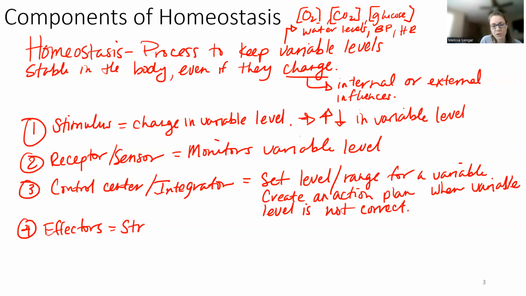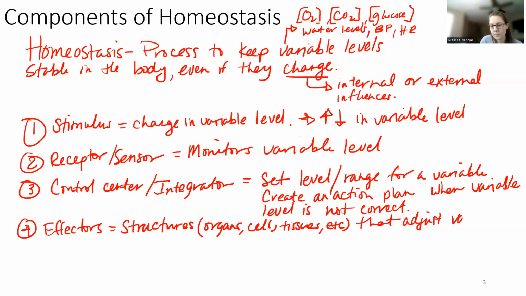So we're just going to say this is structures in the body, like organs, cells, tissues, etc., that are going to help us adjust the variable level when the control center tells them to.